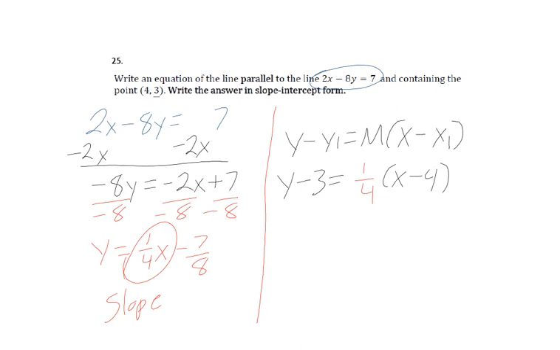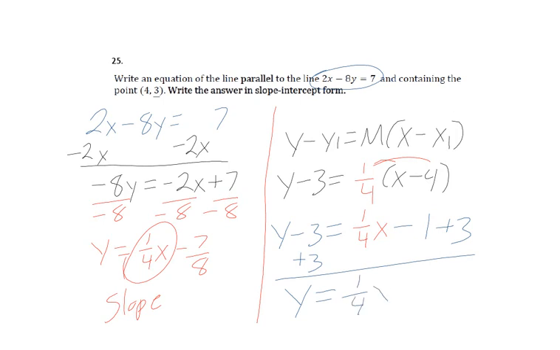If you distribute 1/4 through, you're going to get 1 over 4x minus 1. And then the last step is to add 3. So y equals 1 over 4x plus 2.